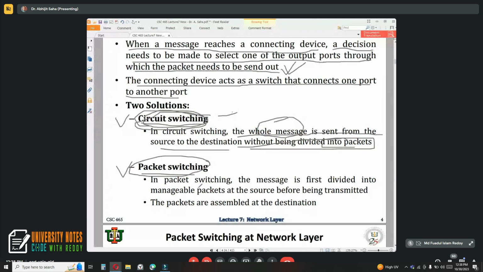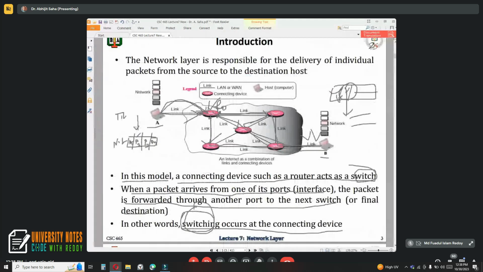And in packet switching, what is happening? The message is first divided into manageable packets at the source before being transmitted. That means you cannot send the whole message at the same time in packet switching. You need to break or chop the message into smaller manageable packets, and then send them one after another, like the example I have given here.